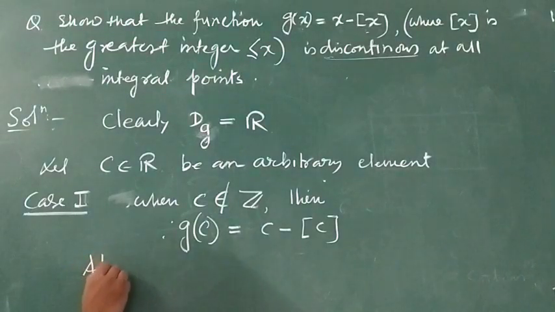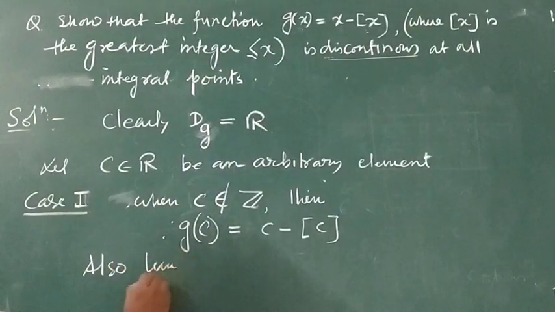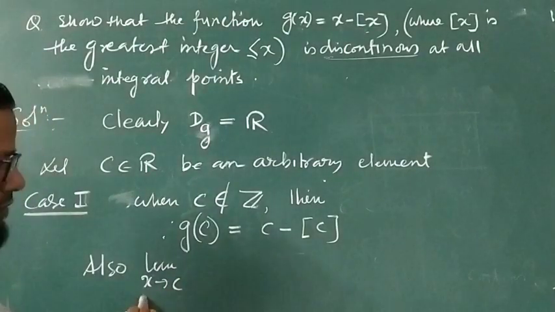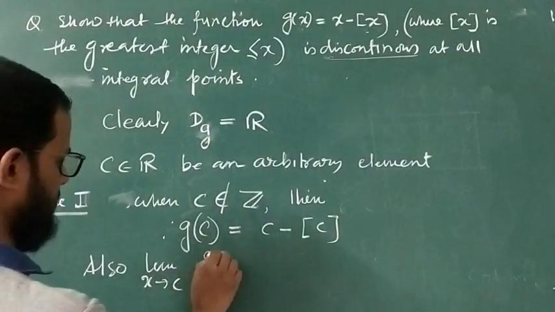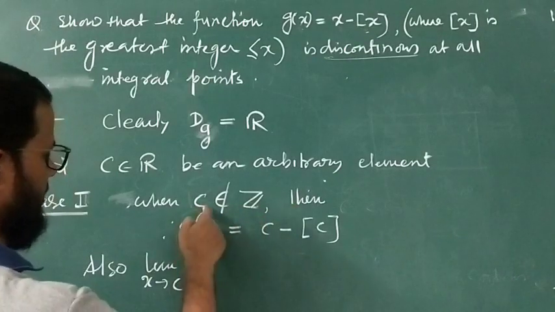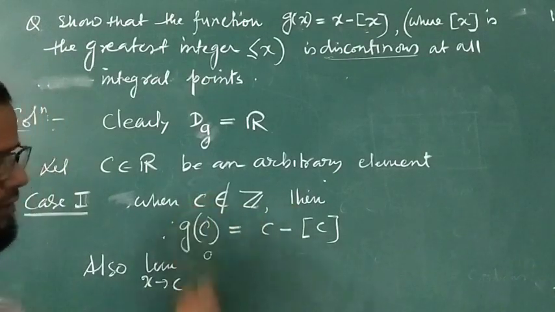Also, the limit as x tends to C of G of x, because we are going to check the continuity of the function at an arbitrary point. I am using our definition for an arbitrary point.